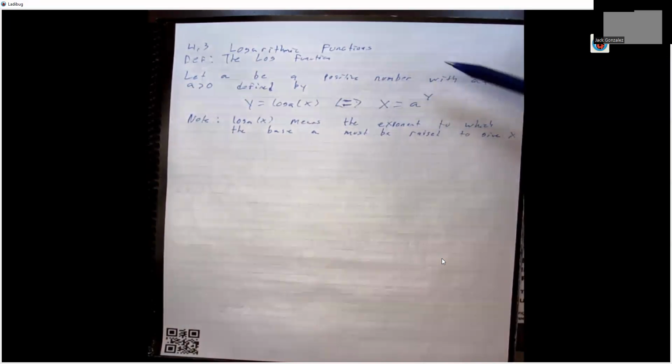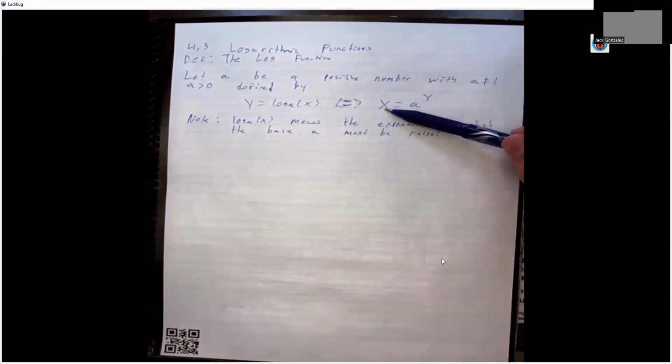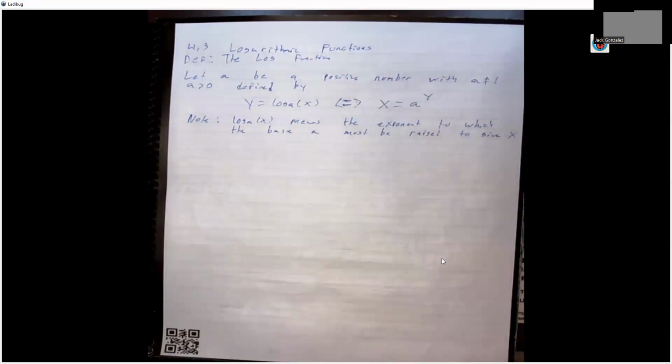So basically, you're raising a to some power that gives you x. That's what this is saying here. Is the a a subscript? Yes. It's the base subscript.